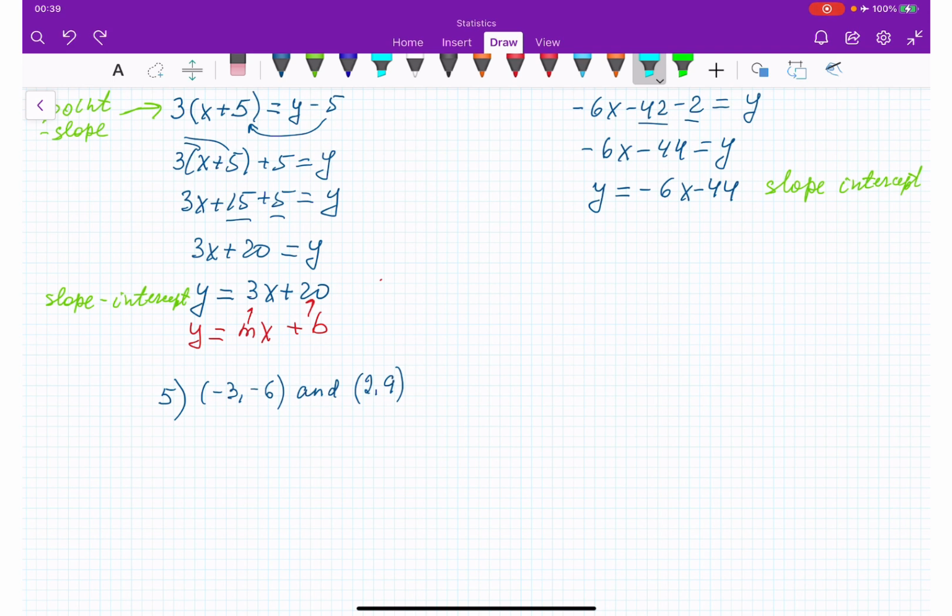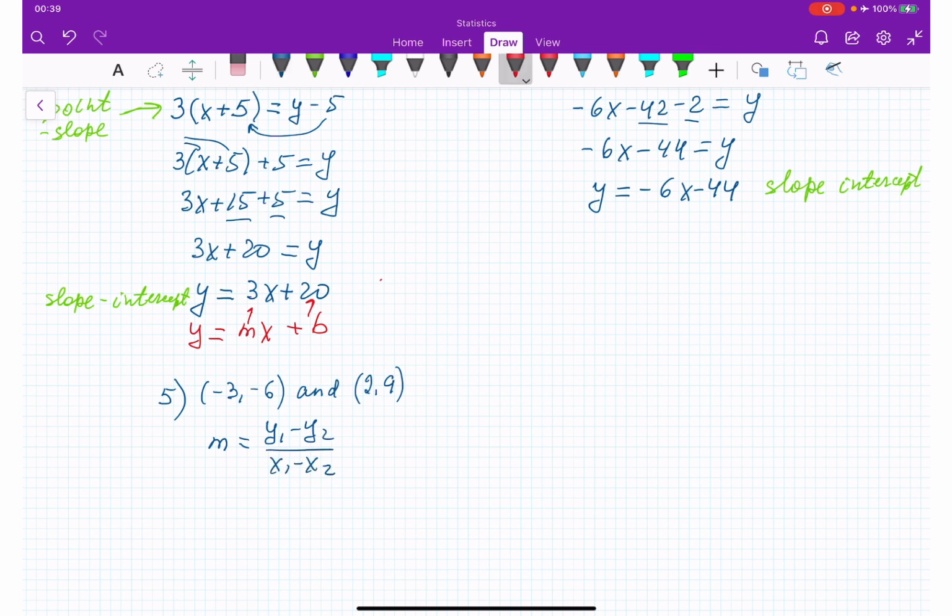Okay, slope m is equal to, now this time I'm writing y1 minus y2 over x1 minus x2.